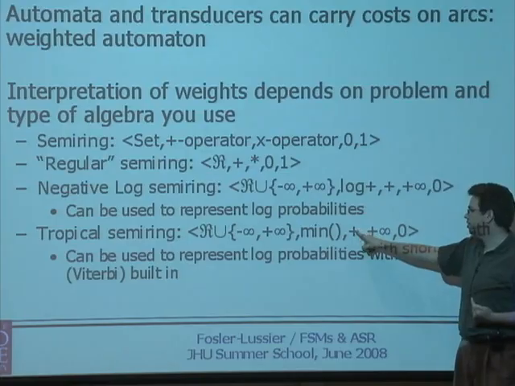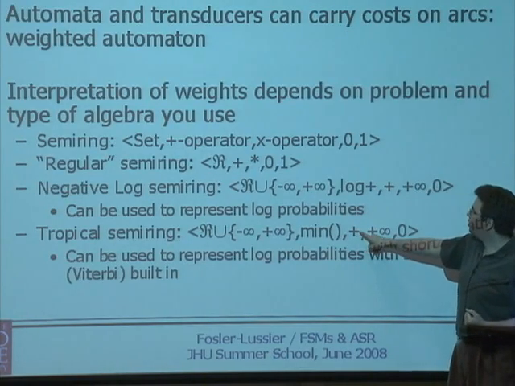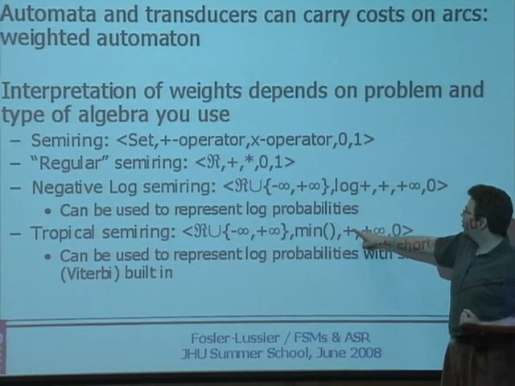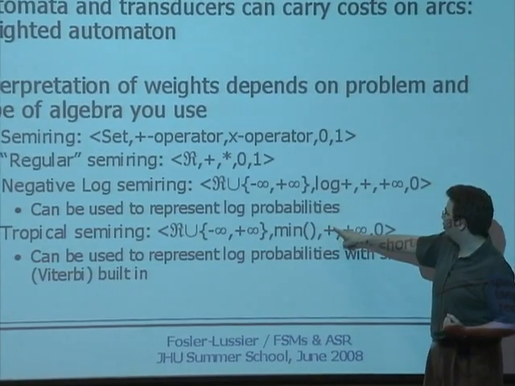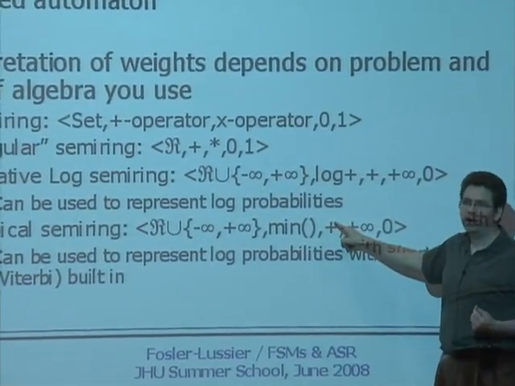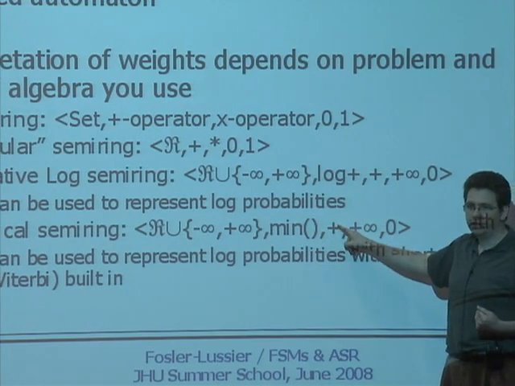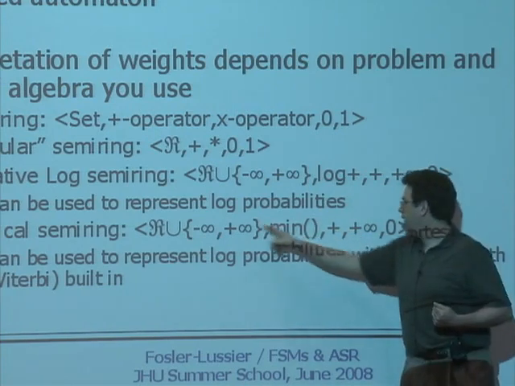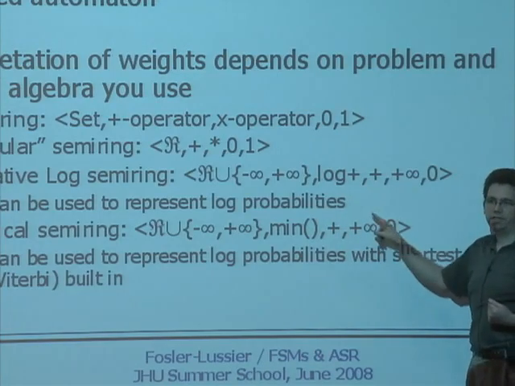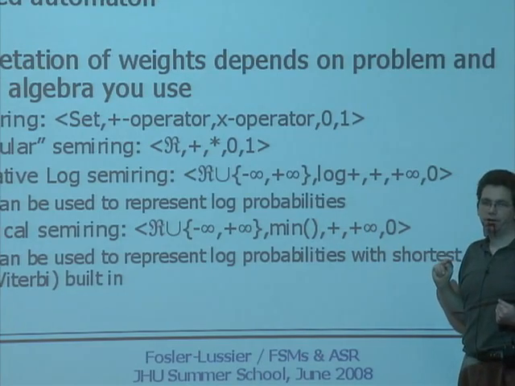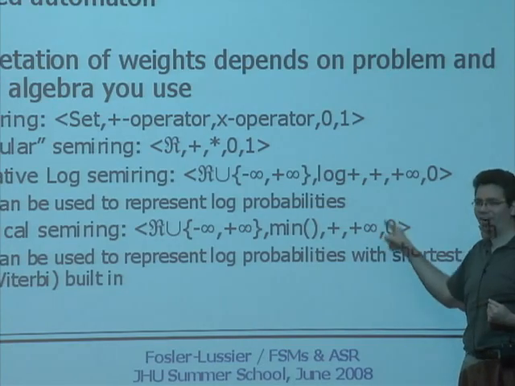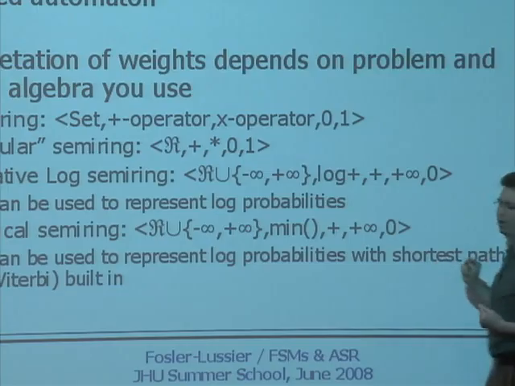Let's do times first. A times 0 should be 0, right? So A plus positive infinity is positive infinity, and that's my 0, so I'm okay there.